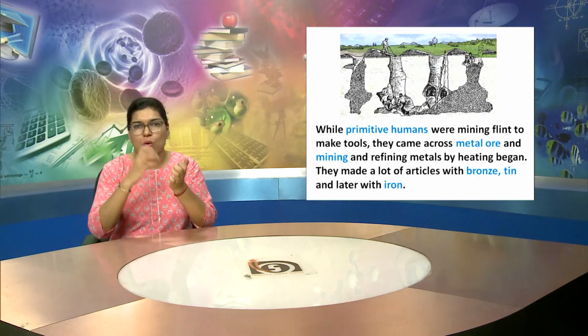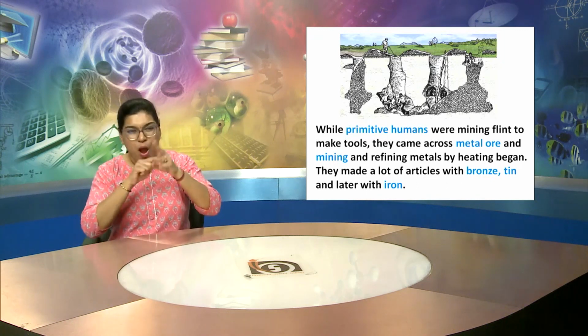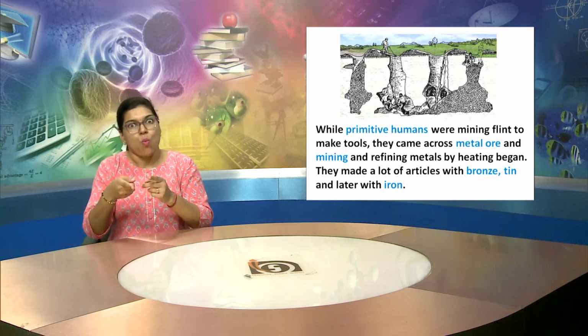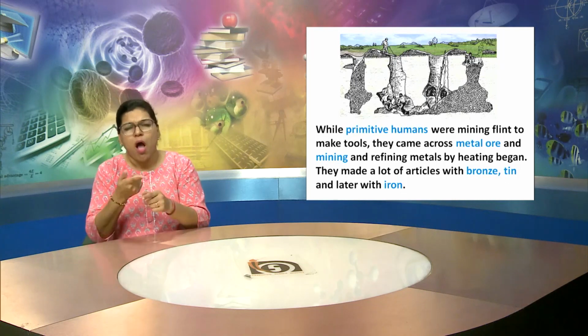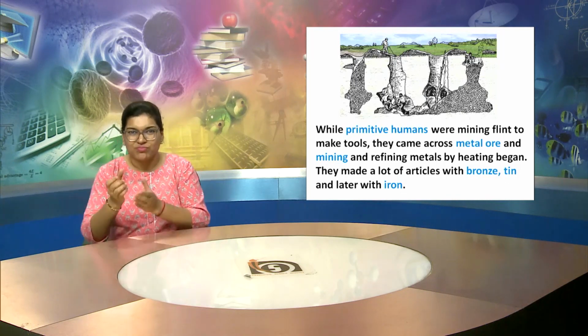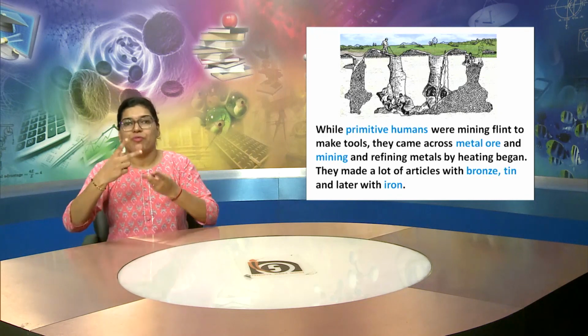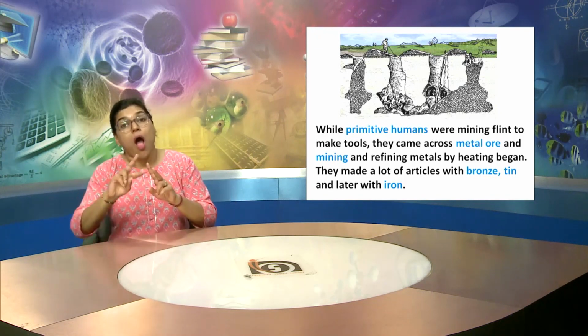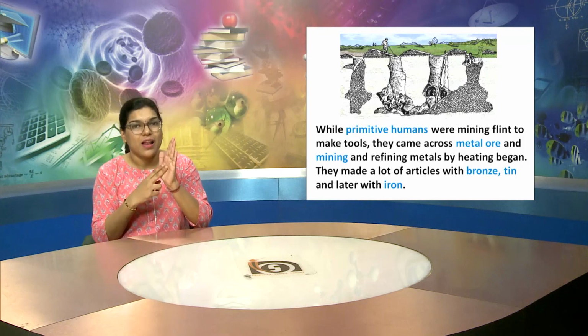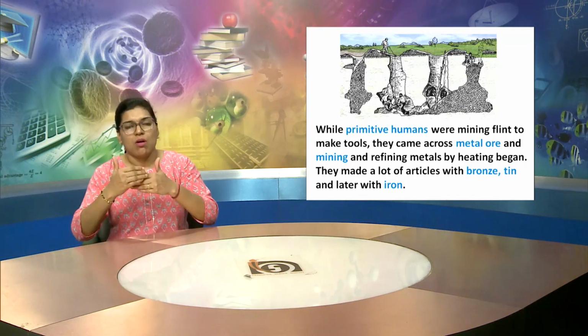Gold is a metal we already know, and silver is also a metal we already know. We make ornaments from silver and gold. But these are some other metals which were found under mines in those times.